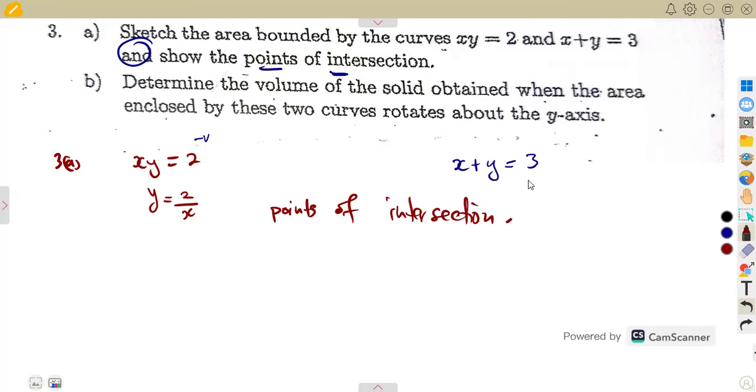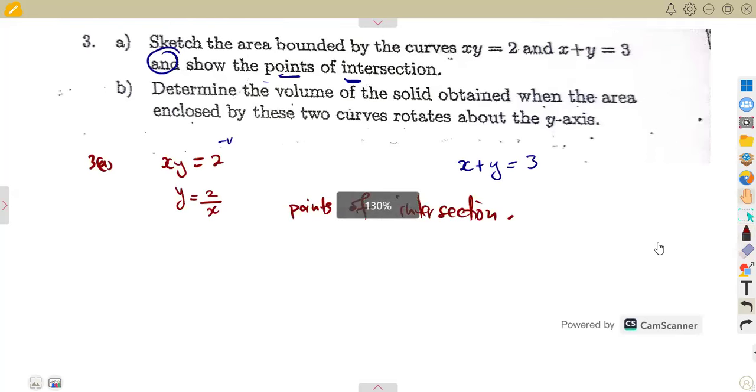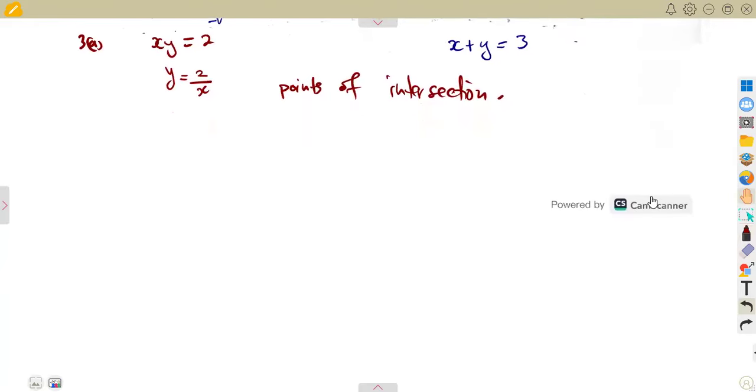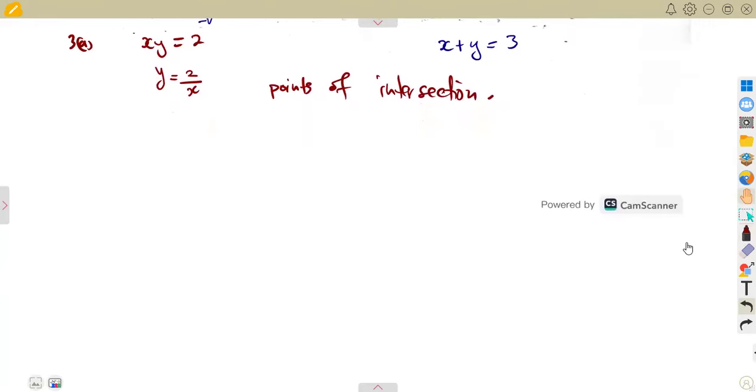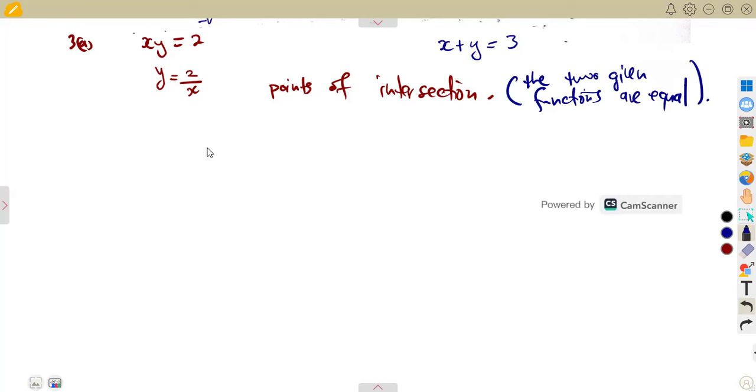At the points of intersection, the two functions will be equal in value. The two given functions are equal only at the point of intersection.